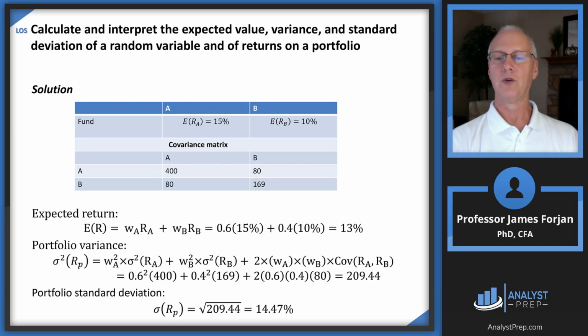And then we're going to do 2 times 60% and 40% wealth in each of those assets times the covariance between A and B, which is going to be the same number, right? The covariance between A and B is 80, therefore the covariance between B and A has to be 80. So if you do the math, you get about 14.5%.